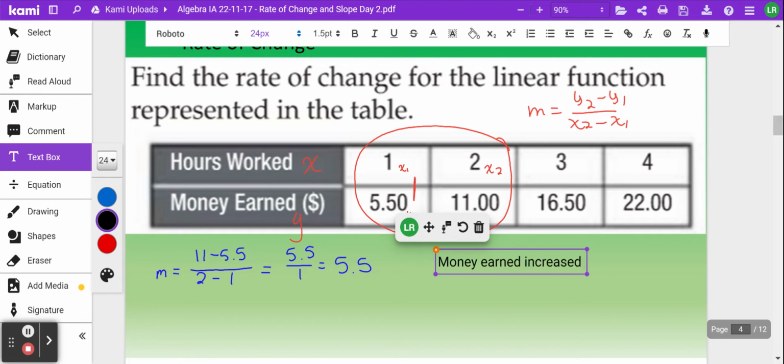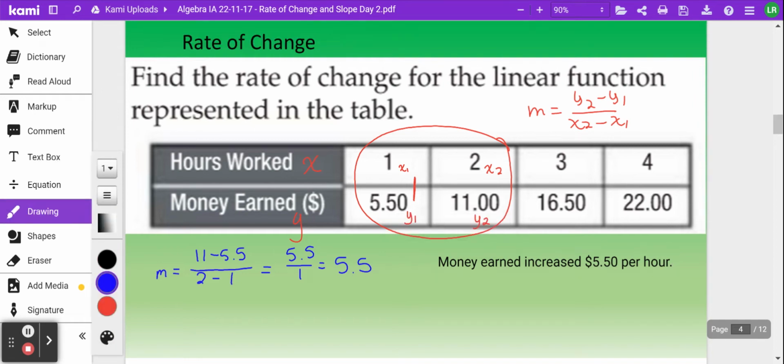Money, so $5.50. Write it as money, per hour. That would be a description of what this rate of change actually means. Money earned increased $5.50 per hour. Now, it's not a lot. I definitely don't want that to be my job.